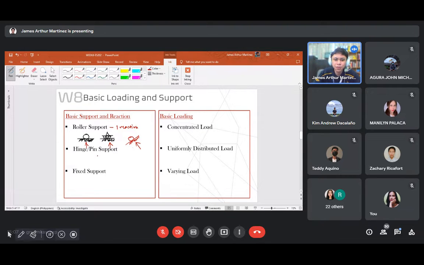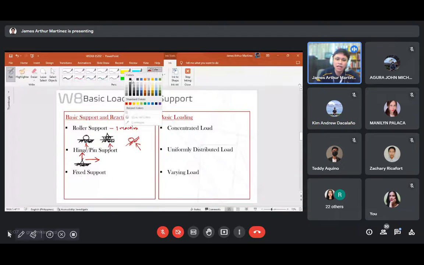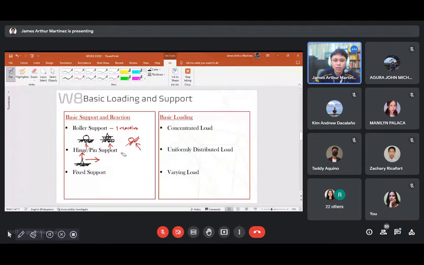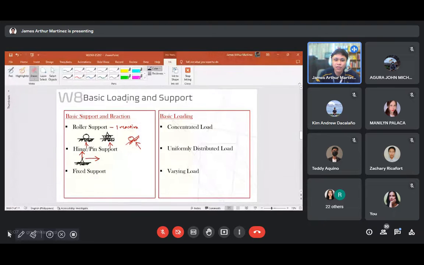Okay? Then, the hinge support or pin support, this is its symbol or representation. Okay? So, a hinge support can resist two action forces, so it can resist vertical and horizontal forces. That's why we have two reactions for a hinge support.